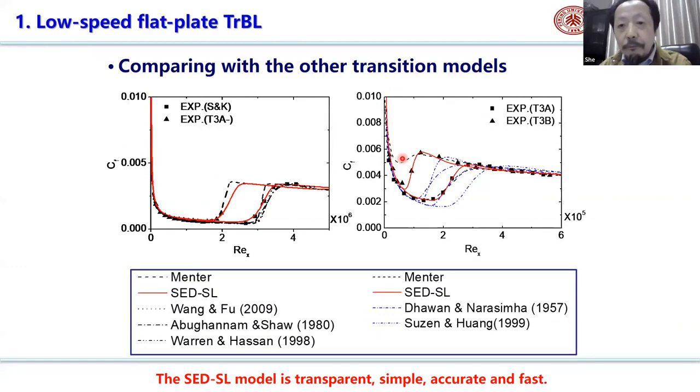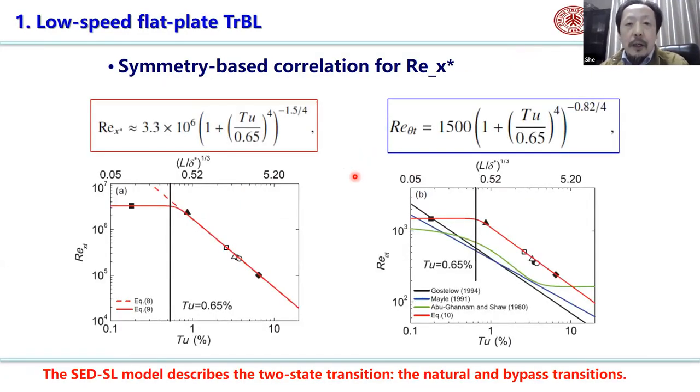Other models are mostly calibrated for T3A, and they are not doing a good job for T3B at all. This is the formula I mentioned earlier, the direct measurement of the transition location as a function of this correlation.